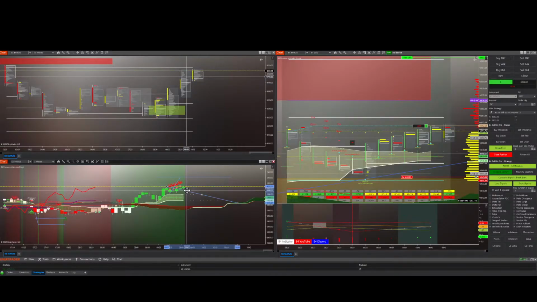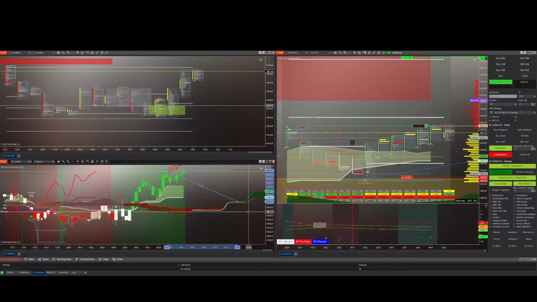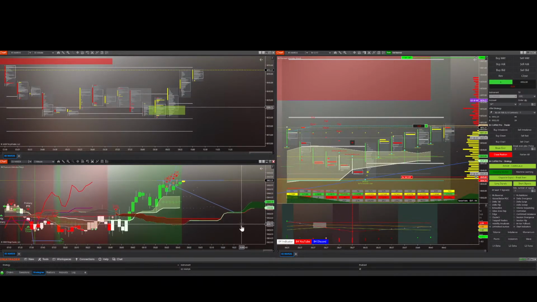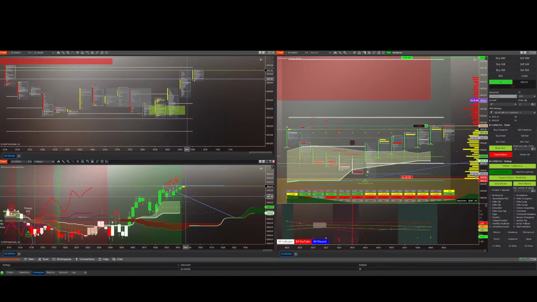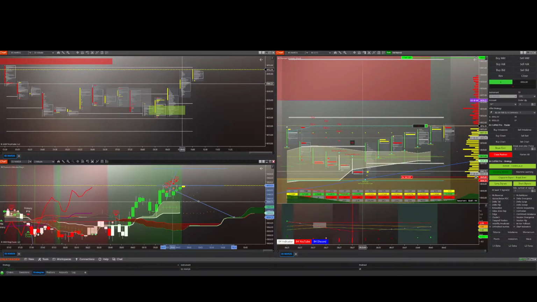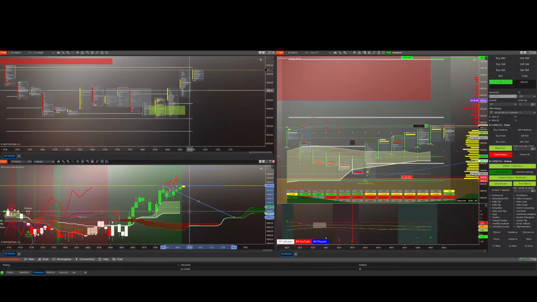The reason I'm drawing this line right here, you may be wondering, what am I doing with that line right there? That's a forecast line. You have a pivot high or pivot low above your cloud, above whatever, or below. It doesn't matter.